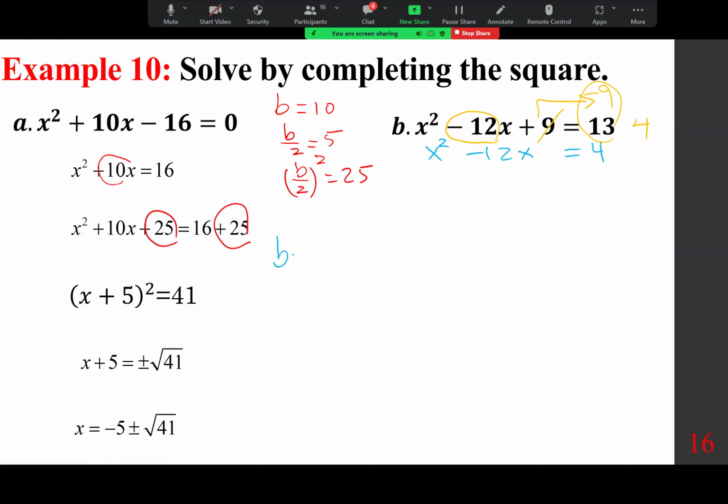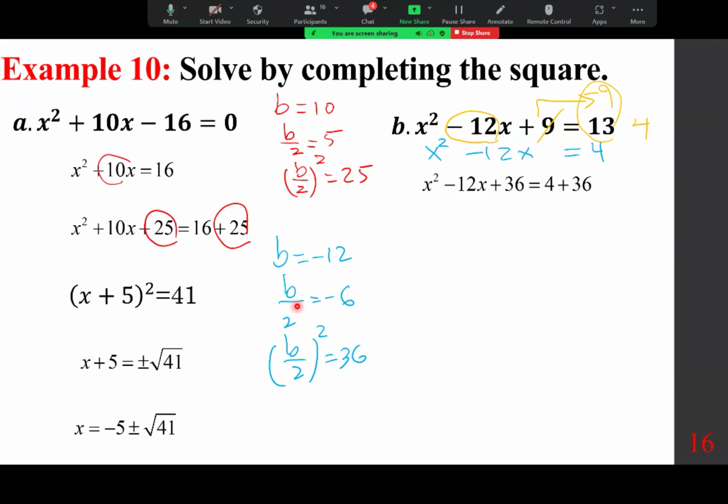Now, b is -12, divided by 2, -6. Square that, positive 36. So we are going to add positive 36 here and here. So we add 36 to both sides. This becomes 40. This becomes the same variable, which happened to be x, and b over 2, everybody. b over 2 happened to be -6. So (x - 6)², the right side is 40.